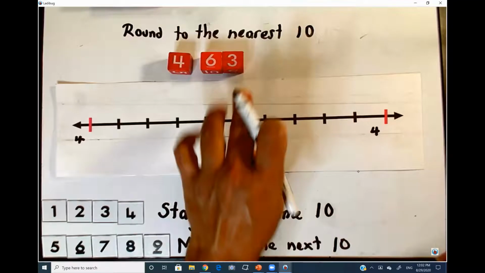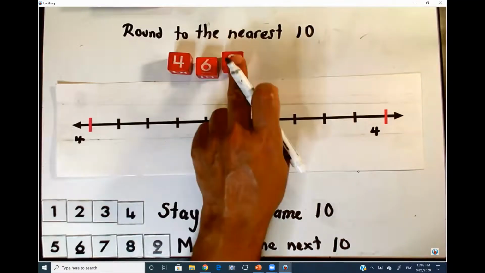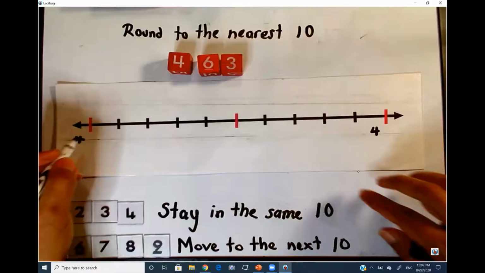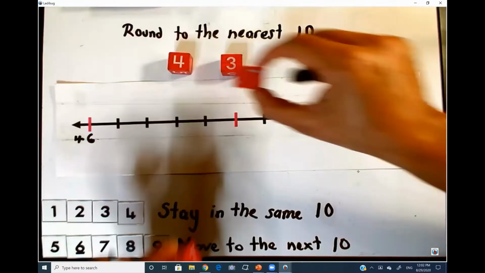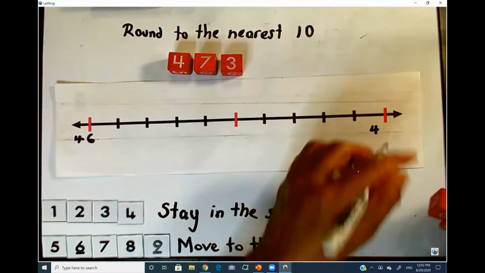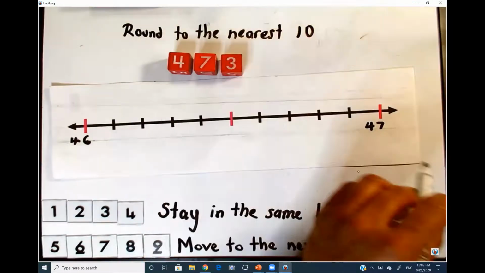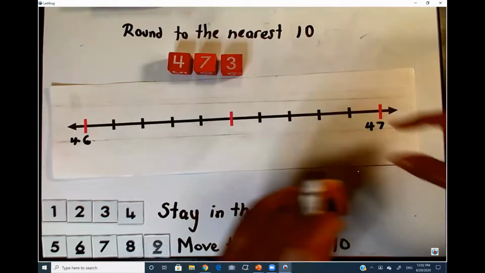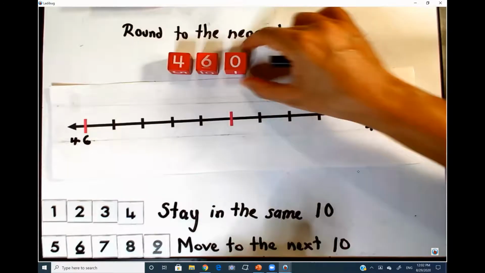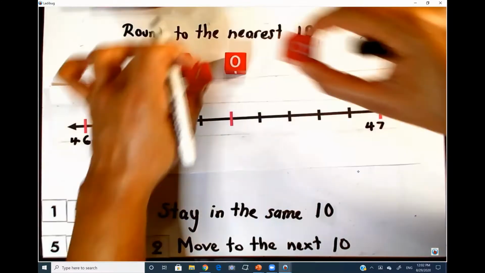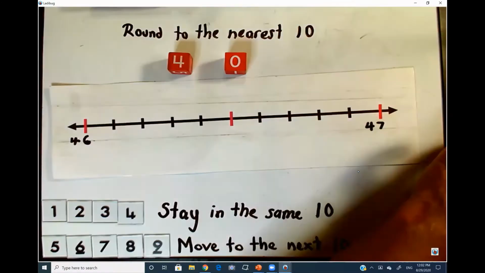Now, because I'm rounding to the nearest 10, the only thing I'm going to change is the tens. So the tens digit is going to be here, 6, but the next ten is going to be a 7. To make these numbers right, the first 10 is going to be 160, and the second 10 is going to be 170. So let's place those numbers here.